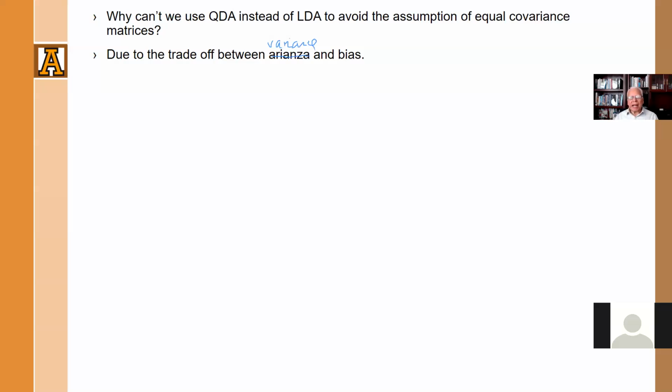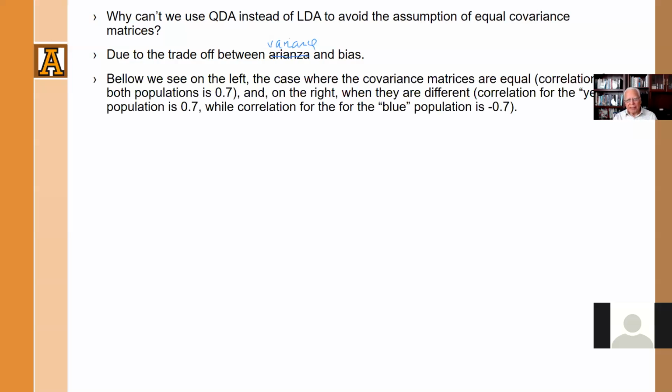But on the other hand, in a case where a linear discriminant function is much better, I would be overfitting my training data if I use a quadratic discriminant function.